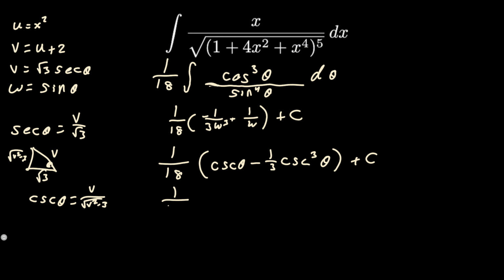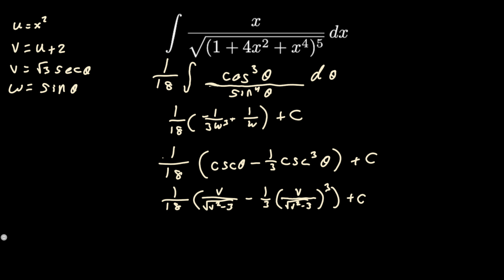So we have 1 over 18 times v over root v squared minus 3 minus 1 over 3, and then multiply by v over the square root of v squared minus 3 cubed plus c.